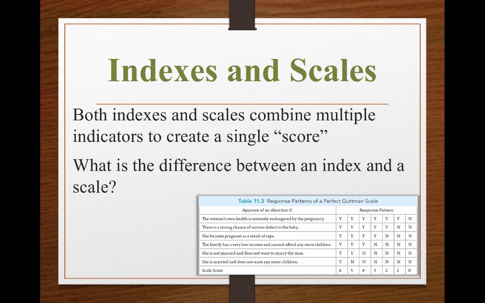So the difference between an index and a scale is a bit fuzzy. Like I said, some people conducting research use the terms interchangeably, but they are a little bit different. An index is an arbitrary combination of indicators where you add together the responses to the questions without being specific about which contributes to the measure of the concept, while scales assign scores to patterns of responses.